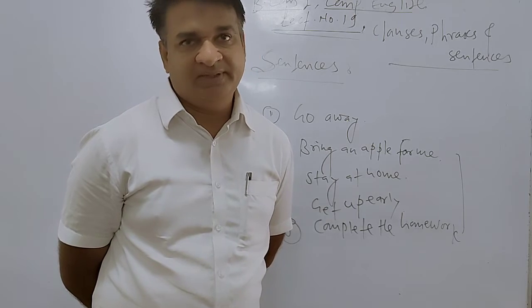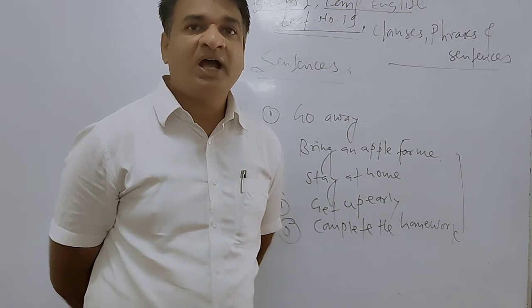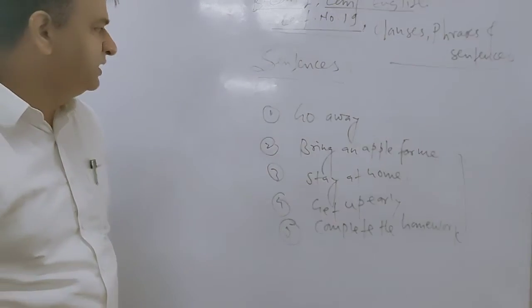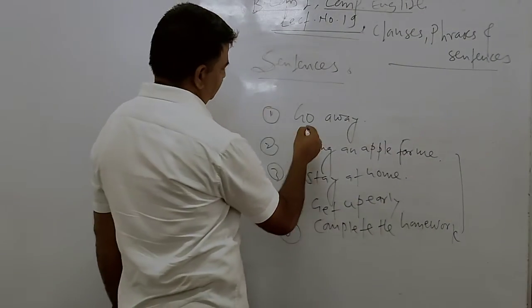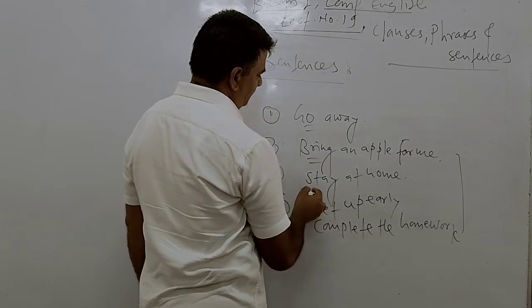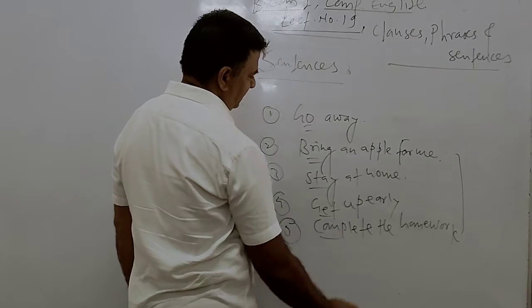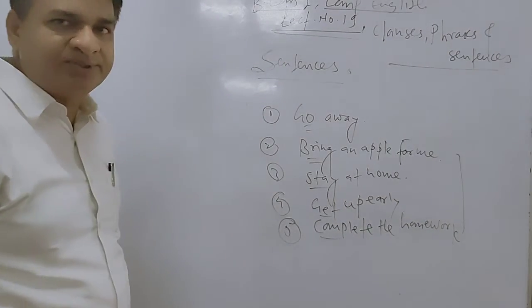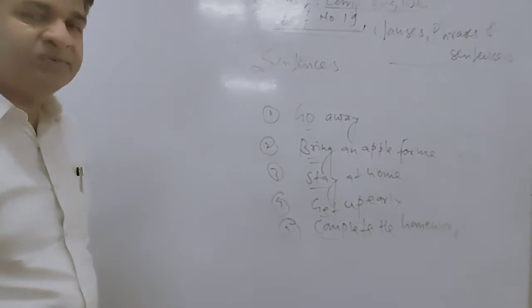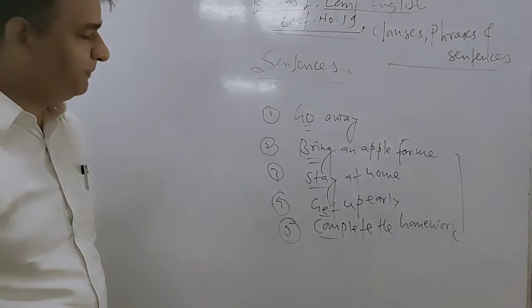All these examples start with verbs: go, bring, stay, get, complete. All these are verbs, the first form of the verb.